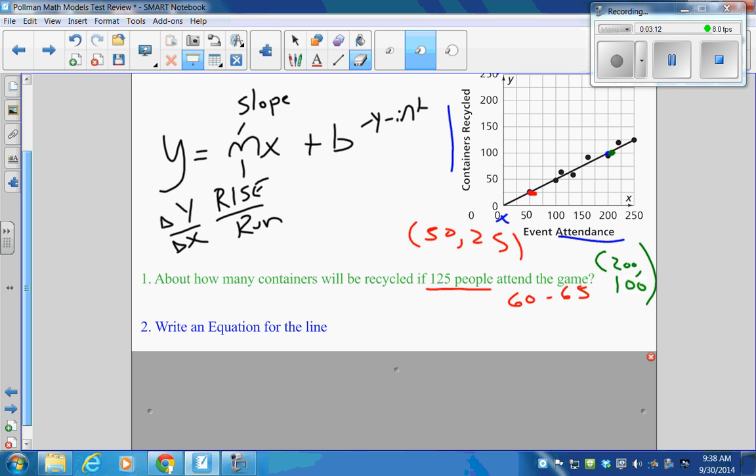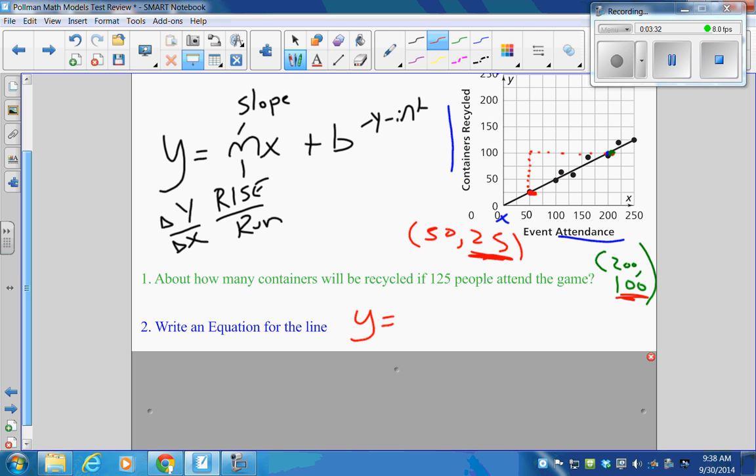Let me erase the board and get some of this stuff out of here. So those are my 2 points. If I do my rise, this one rises from 25 up to 100 because it goes from here all the way up to there. That is a difference of 75.